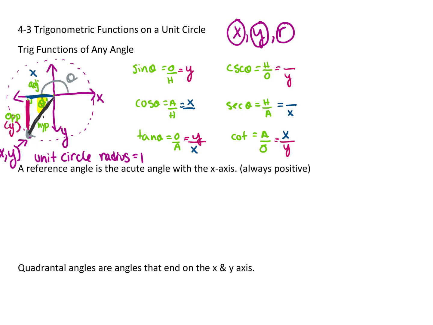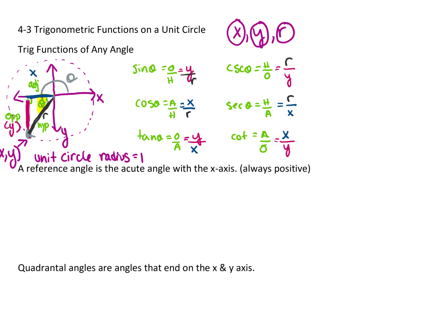So the hypotenuse is going to change to be r. So now we have a new way of looking at our SOHCAHTOA, and it's by taking the triangle and placing it on an xy plane with a radius of 1.